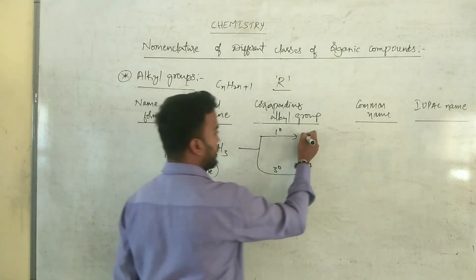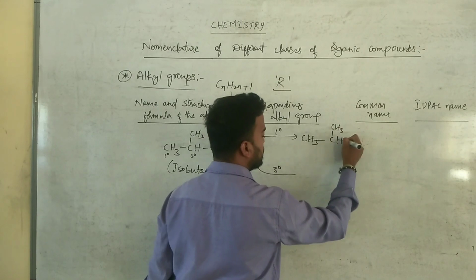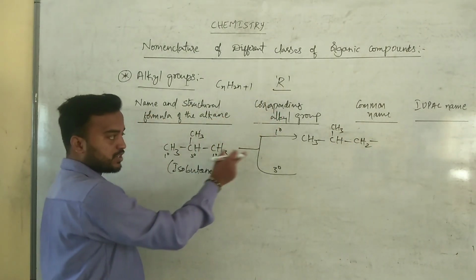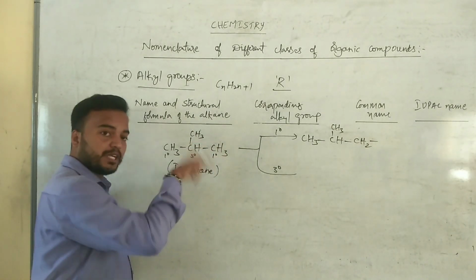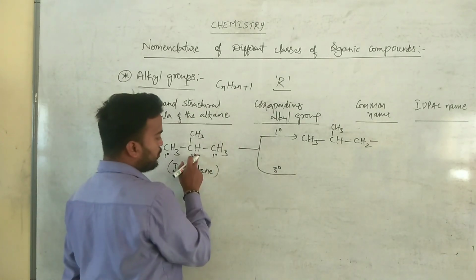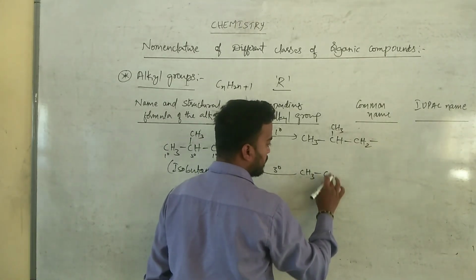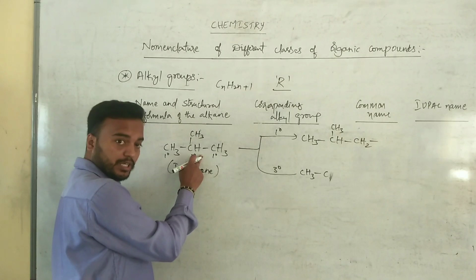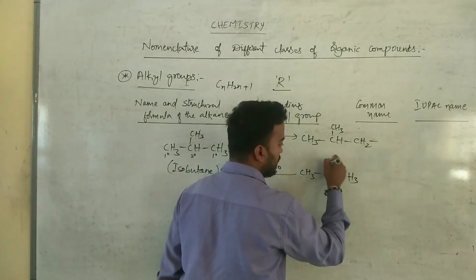In the first case I will remove a primary hydrogen present in this CH3 group, so it becomes CH2. In the second case I will remove the tertiary hydrogen. A tertiary carbon atom contains only one hydrogen, so when the hydrogen is removed, it will become CH3 and CH3.